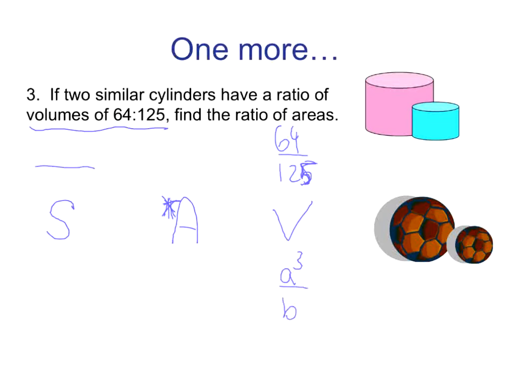Volume's cubed, A cubed over B cubed. How am I going to go back to A over B? You're thinking cubed root, exactly. Or you can think to yourself, what number to the third power is 64? Meaning what times what is 64? Can anybody think of what number that would be?